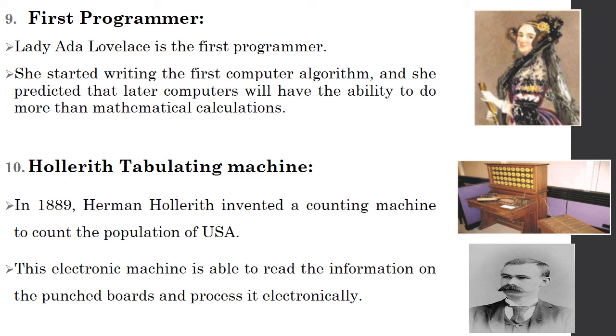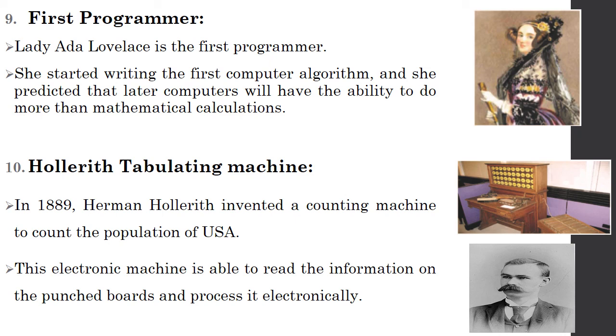The last one is Hollerith tabulating machine. In 1889, Herman Hollerith invented a counting machine to count the population of USA. So this person, Herman Hollerith, was from USA. He invented a machine called Hollerith tabulating machine, which was used to count the population.